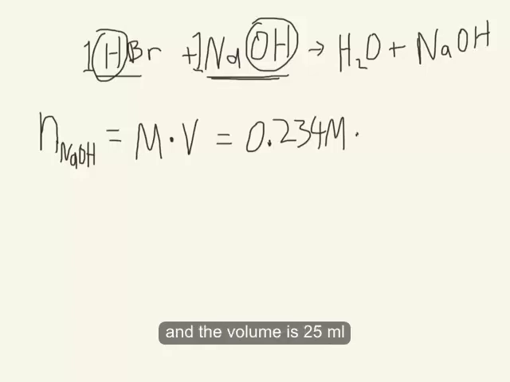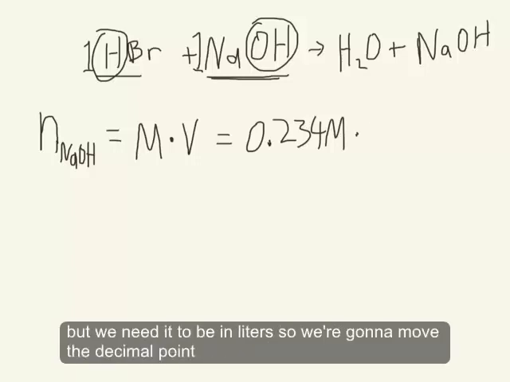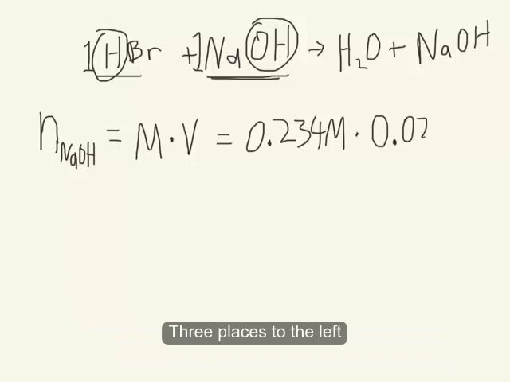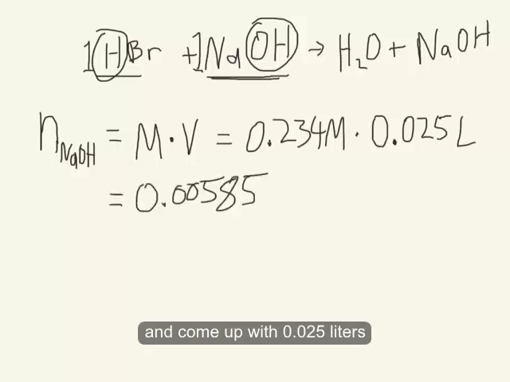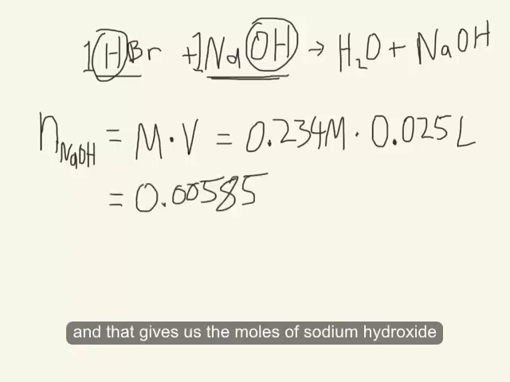And the volume is 25 milliliters, but we need that to be in liters, so we're going to move the decimal point 3 places to the left and come up with 0.025 liters. And that gives us the moles of sodium hydroxide.